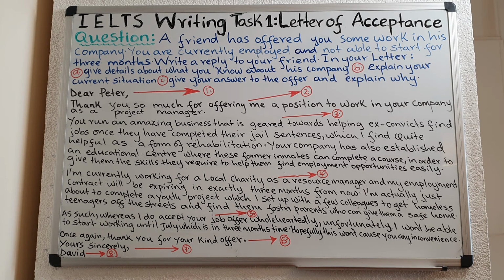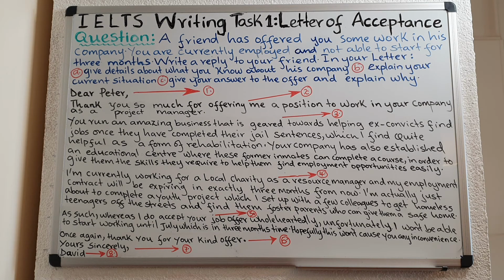Contracted forms of words. For example, in step 4, you notice that I wrote I apostrophe am, I'm currently, instead of writing I am currently. If this was a formal letter, I would write I am currently. But because this is a semi-formal letter to a friend, I am using I'm currently, okay?